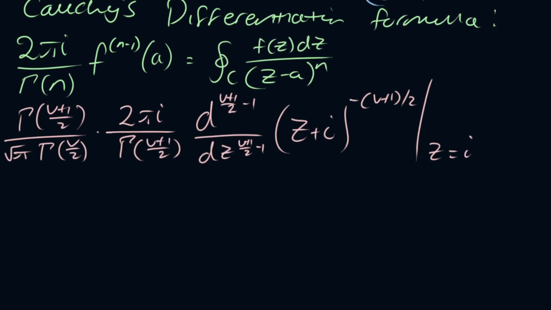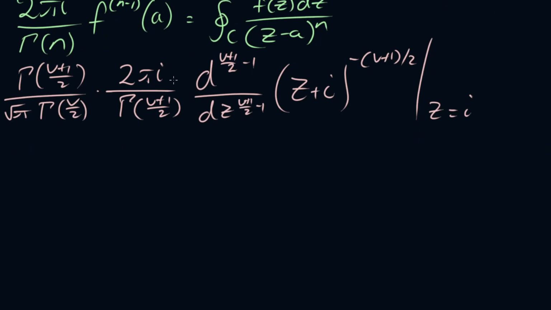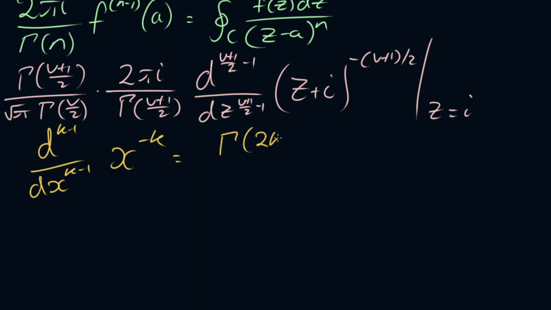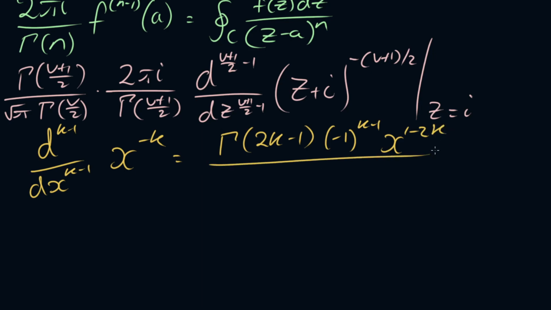So this might look quite nasty, but there's a nice formula that we could use for this, which says that the (k minus 1)th derivative of x to the minus k is exactly gamma of 2k minus 1 times negative 1 to the k minus 1 times x to the 1 minus 2k all over gamma of k.